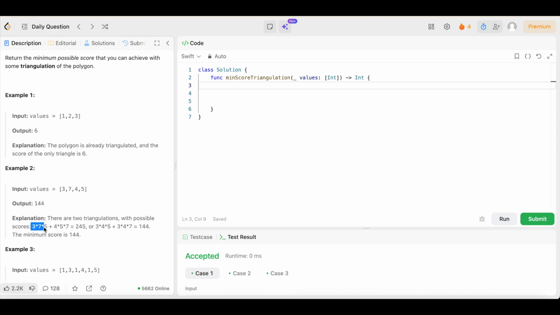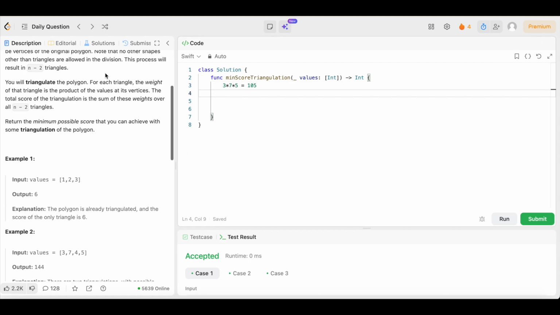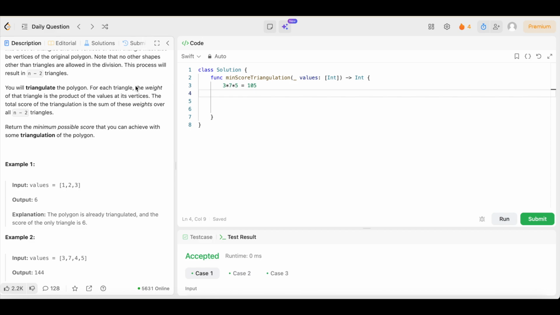So we want to do 3 times 7 times 5, which equals 105. That is going to get us the weight of the first triangle.